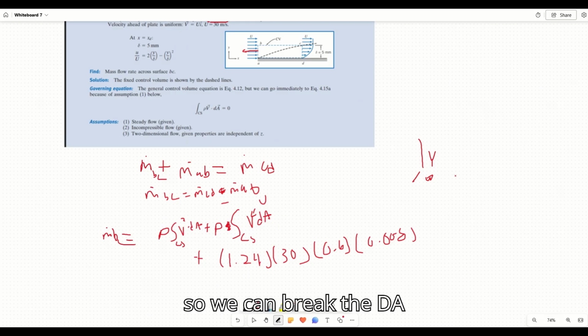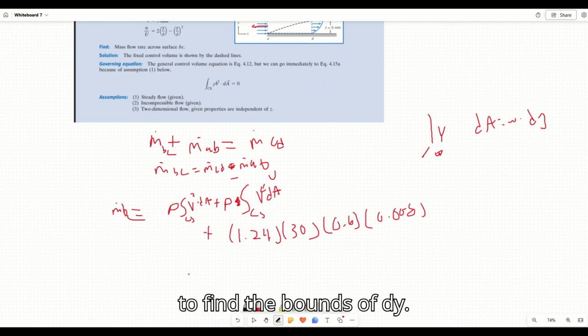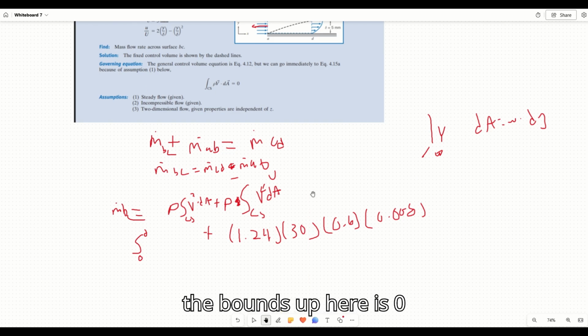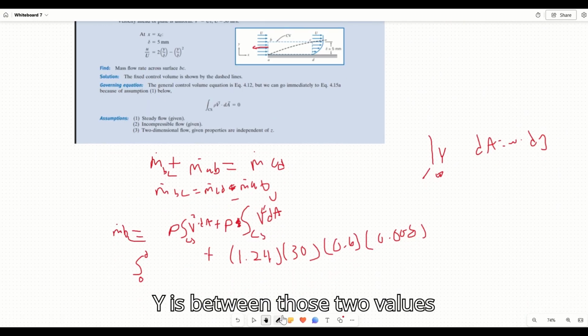So we can break the dA up into width times dy. Okay, and then we just need to find the bounds of dy. So dy, it actually gives us the bounds up here. 0, y is between those two values.